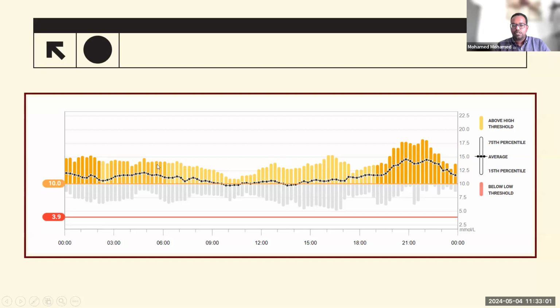If there is one thing I need to change about this patient, I would change his basal insulin, to shift this line from up, down into the range. So probably if this patient goes up in the basal insulin, this whole line drops down and he will be in range. That's an example of a patient who needs a change in his basal insulin to bring glucose down into range. Does this make sense, guys?